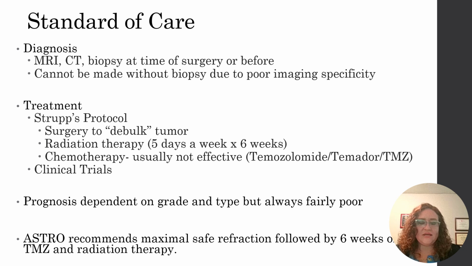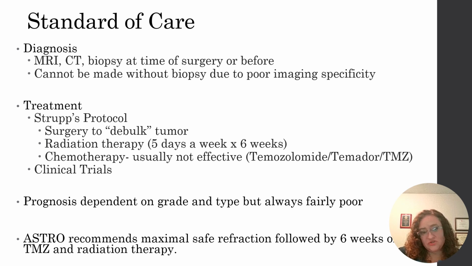And so we tend to use the term debulking rather than resection because resection makes it sound like you took it all and you really can't. So the goal is just to get as much of it as the neurosurgeons can, and it always comes back, and it always comes back with a vengeance. So the goal there is just to get as much as you can.